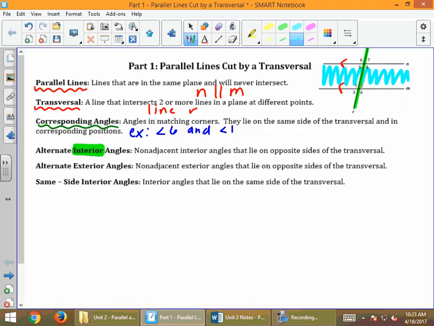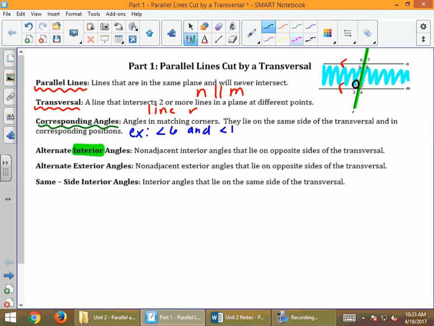So go ahead, pick any angle inside. I'm going to pick angle 1. I'm going to circle angle 1. Angle 1's alternate interior angle is on the opposite side of the transversal and diagonal. So here, we start at angle 1 and we go on the opposite side.